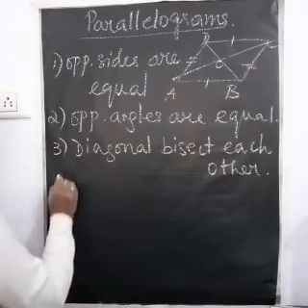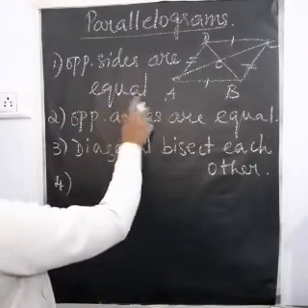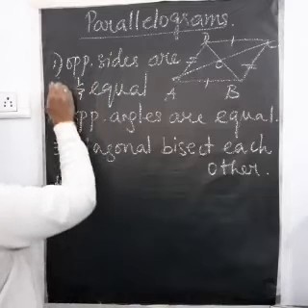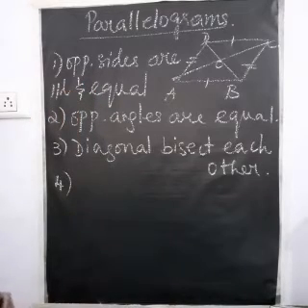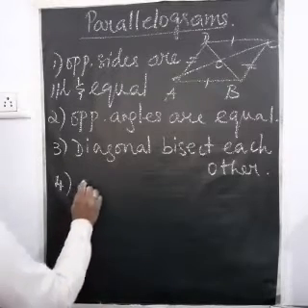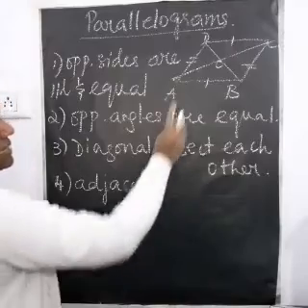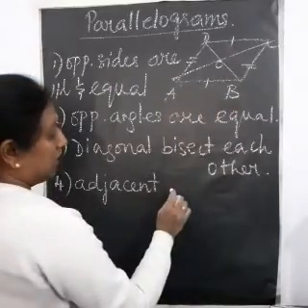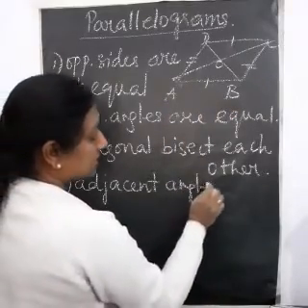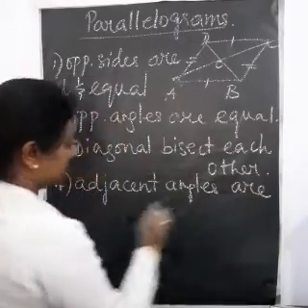Then also we know that opposite sides are equal and parallel, right? That is another property. Then we have another property, the adjacent angles. Adjacent means the next angles, that is A and B. Adjacent angles are supplementary.